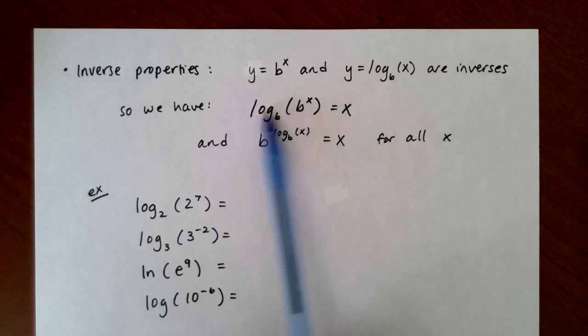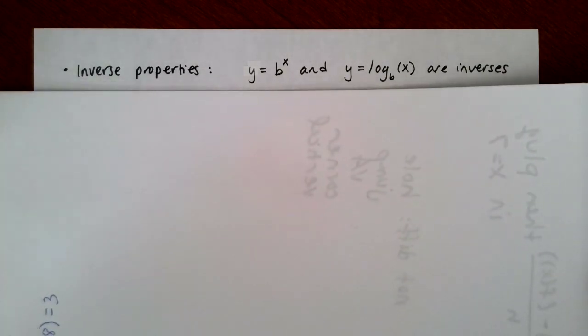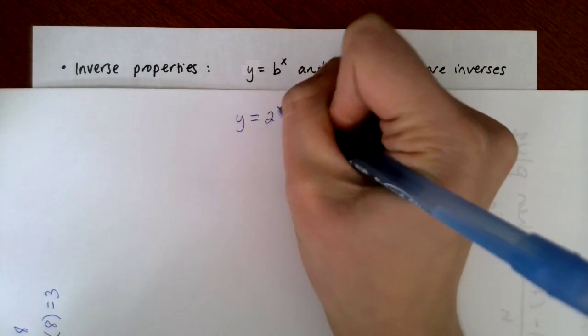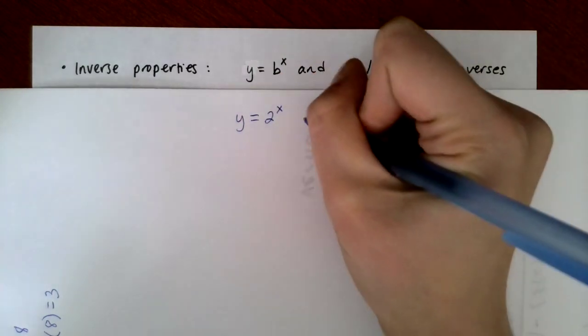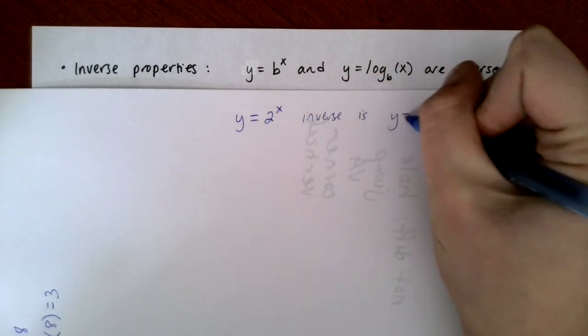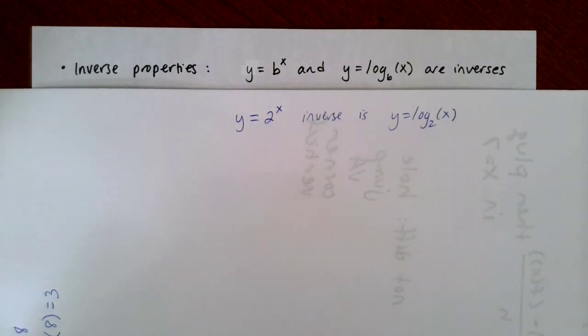All right, so before I even talk about this right here, come back to our scratch paper. So for example, the function y equals 2 to the x, its inverse is y equals log base 2 of x. These 2 are inverse functions of each other.